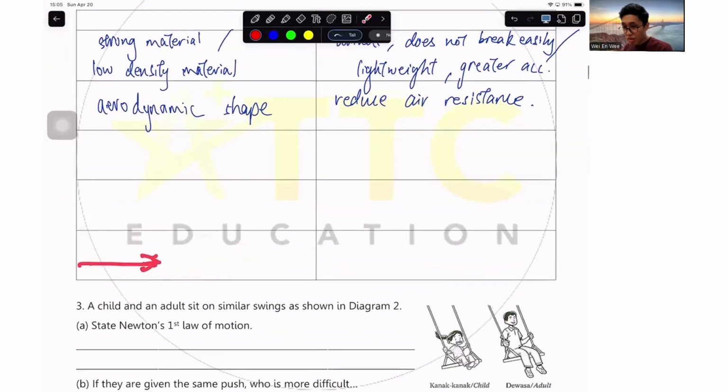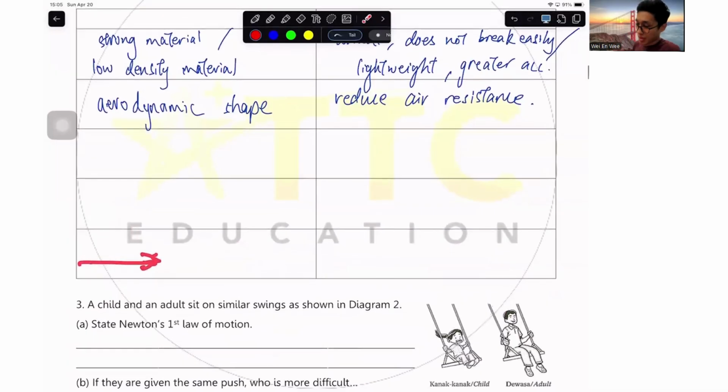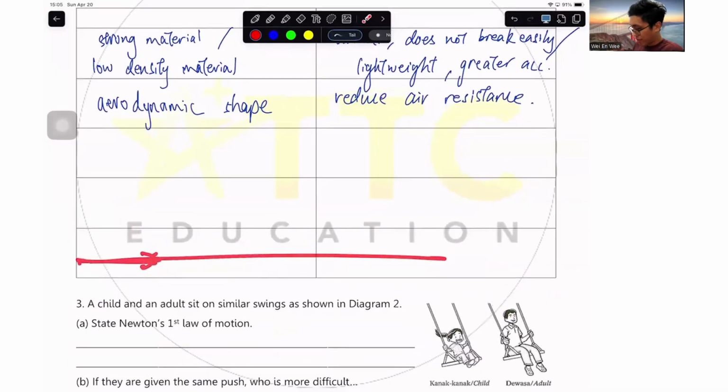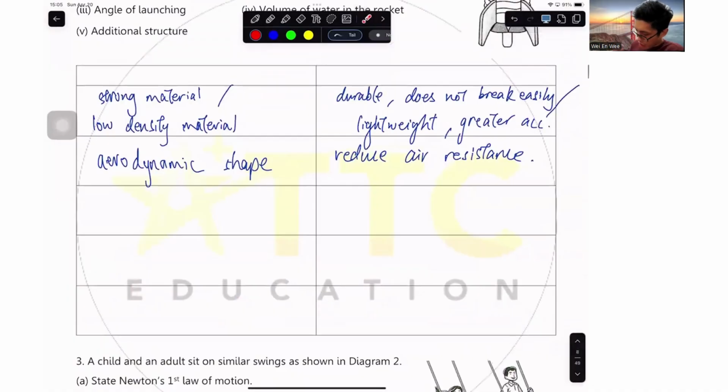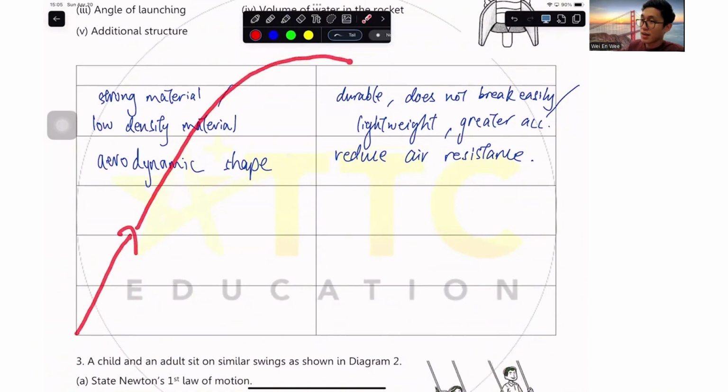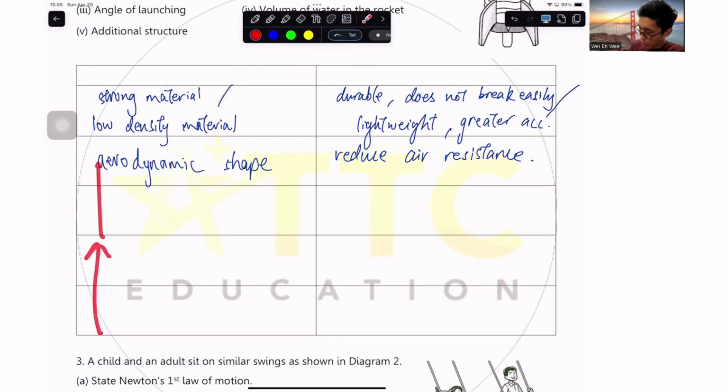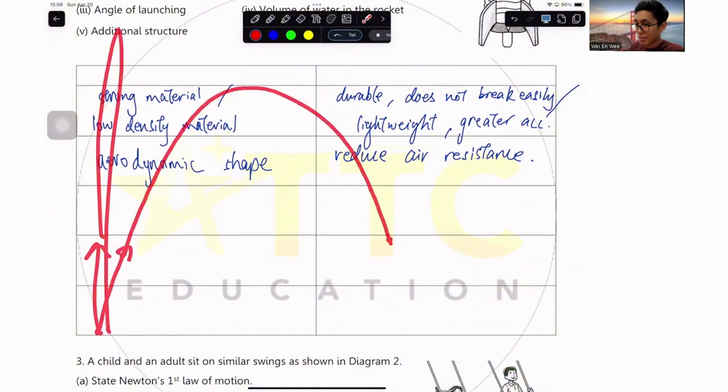Exactly. The ground slows it down. The ground will have some friction. It will basically tumble along the ground and then just stop very quickly. If you shoot it upright, at least you will have some time to travel and then fall down. Going straight up will go up and then come down. If you go a little bit slanted, it'll go up like that and then come down here.